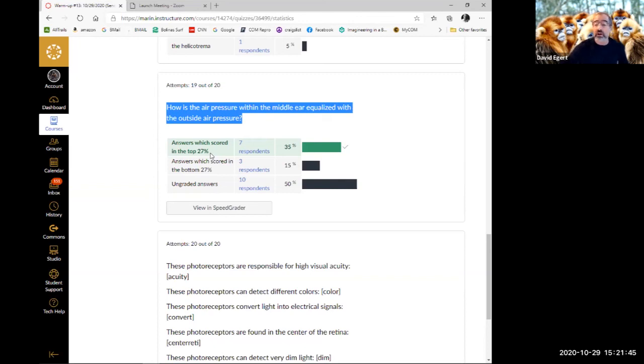It's also called the auditory tube or the pharyngotympanic tube. Those are all synonyms. Particularly when you yawn or swallow, it pulls open and lets the air pressure equalize inside and outside. Again, if you've got a cold or allergies or something that inflames that, it can make it trickier to equalize the pressure.